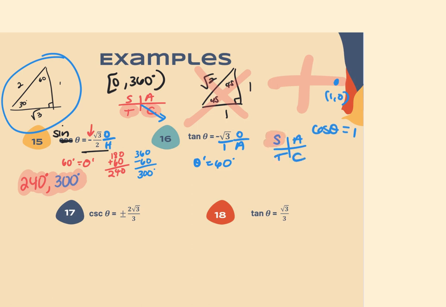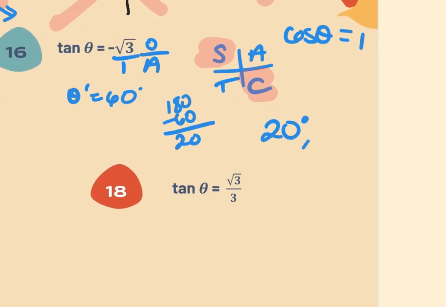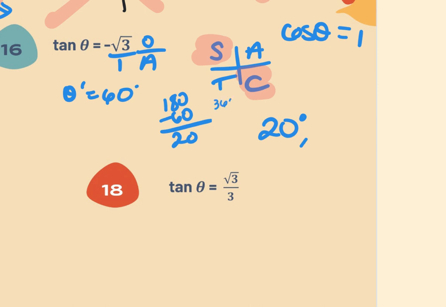Second and fourth. So in the second, I would do 180 minus 60, and I'd get 120. That's one of my answers. And then in the fourth quadrant, I do 360 minus 60, and I get 300.